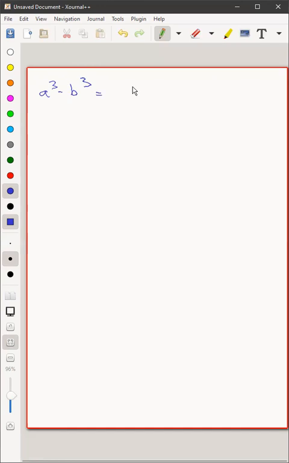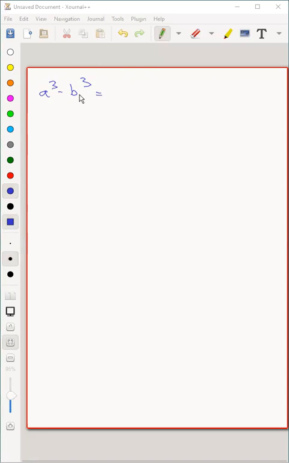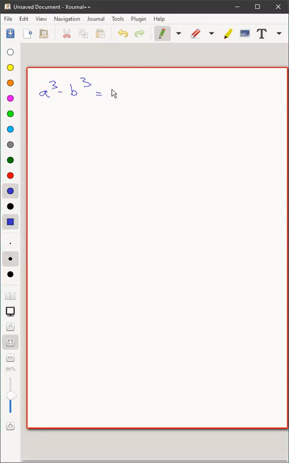Samita, what is this? A cube plus 3 a square b. Samita, we just did this when we started the lesson. Come on. Sir, 1 second. Identity. Ananya. Sir, I don't know.